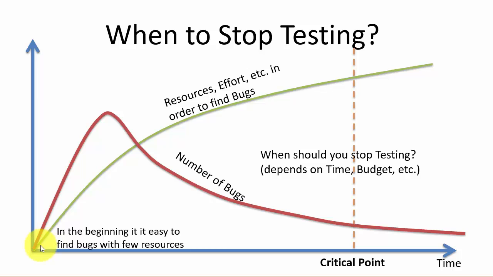But here in green you also see the resources or effort to find the bugs. In the beginning it's very easy to find bugs, but when you have tested the software for a long time and the most critical bugs are gone, it takes a lot of time, effort and resources to find new bugs.